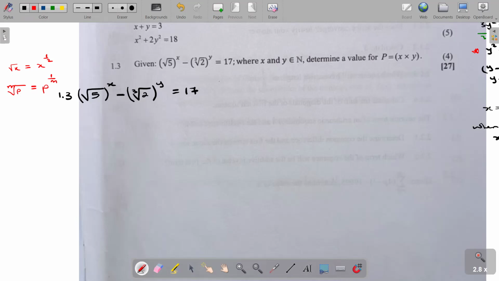Using these rules, we can simplify this, so it will mean that this can be written as 5 to the power half, then raised to the power x minus this one can be written as 2 to the power 1 over 3, then to the power y must be equal to 17.